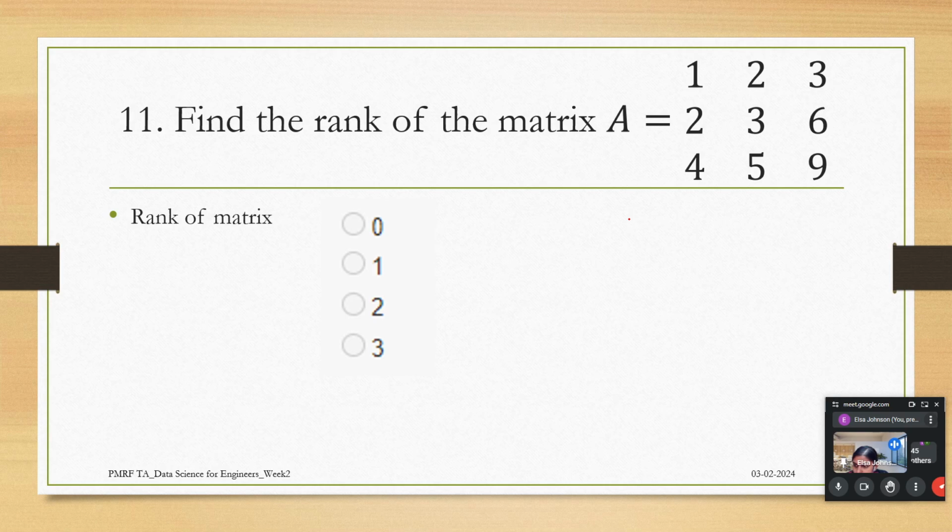Rank equal to 2. Which one is linearly dependent then? R2 and R1 are dependent.